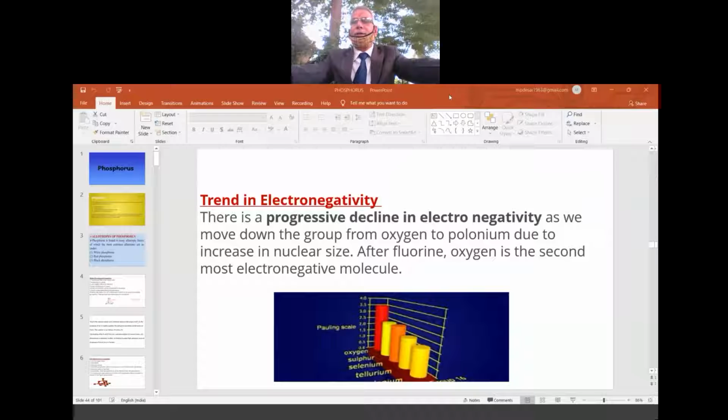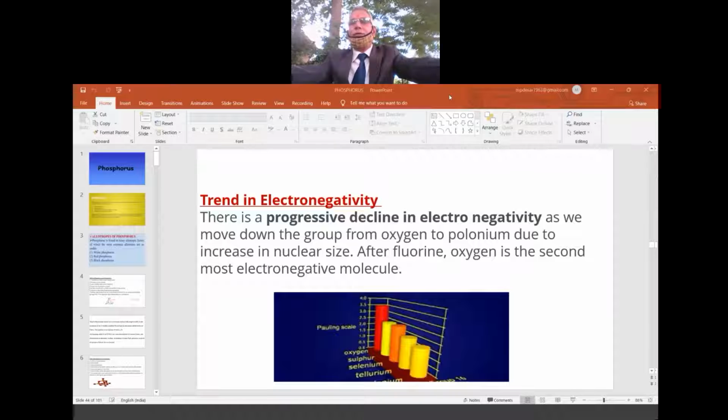In the chemical trends, the most important trend is oxidation state. Why? Because it is the state where the loss, gain, share, or coordination of electrons will be known. That means whether group 16 elements prefer to give, take, share or coordinate.